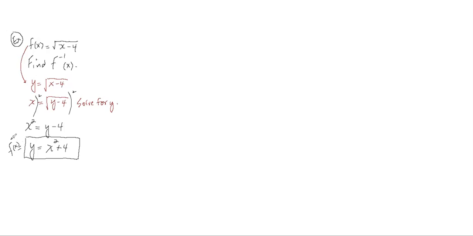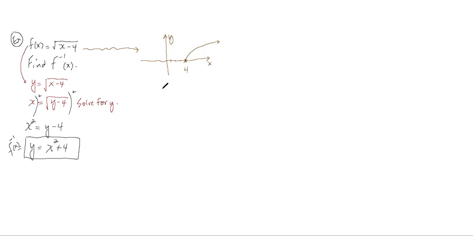But with the square roots and the x squares, you have to be careful with your domain and the range, okay? So pay attention to this, folks. If I were to graph the square root of x minus 4, it would be a graph that would go up that way.